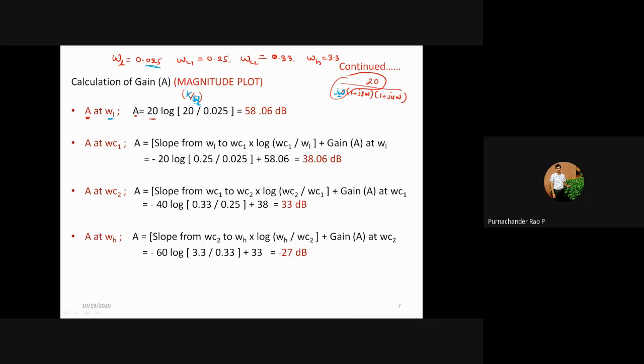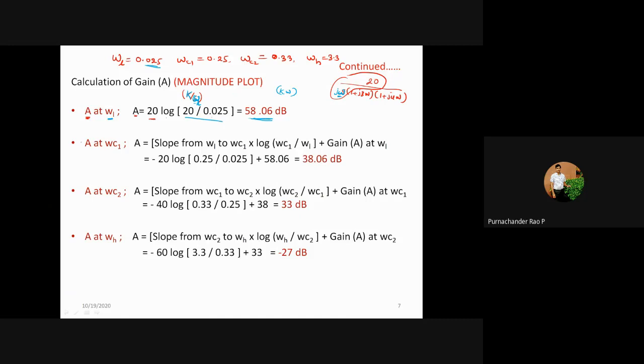So whichever term is present in the given transfer function, that term we have to take here. If you have K into omega, then directly you have to take this K into omega. Okay, so this is 20 log of this K by omega. This will give you 58.06.